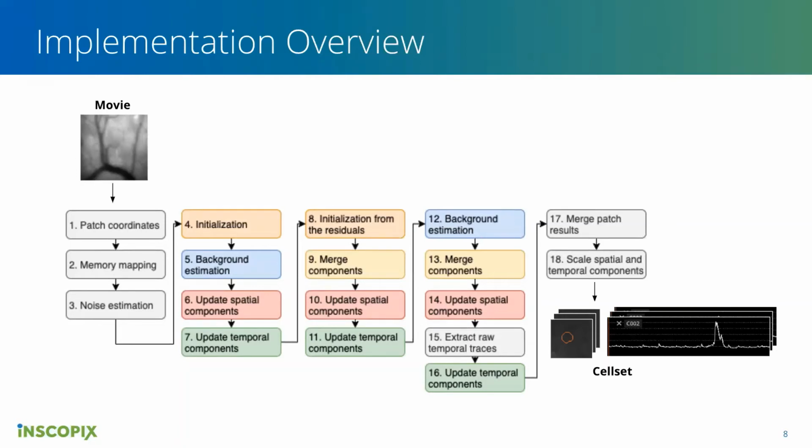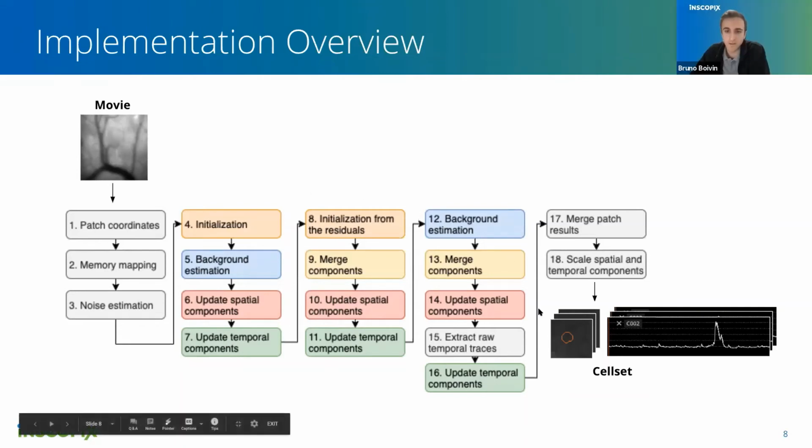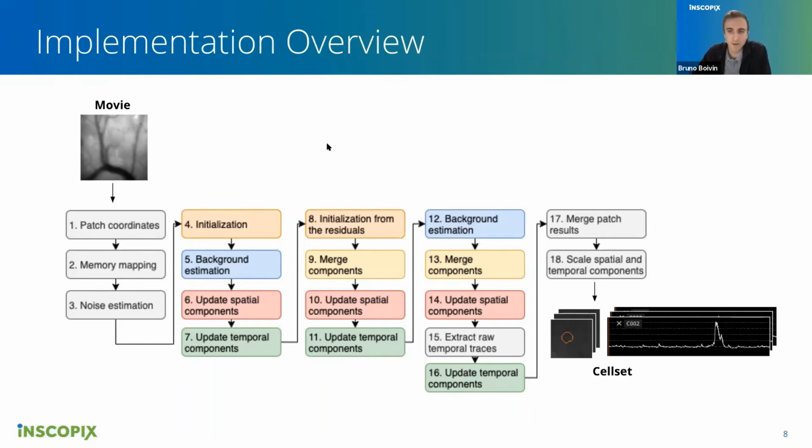Awesome, thanks. The parts that are colored here refer to the core of the CNMFE algorithm that's common to CaImAn, the Python open source implementation of CNMFE, and our implementation. The modules in gray, modules 1 and 2 as well as 17 and 18, are slightly different from the open source implementation.